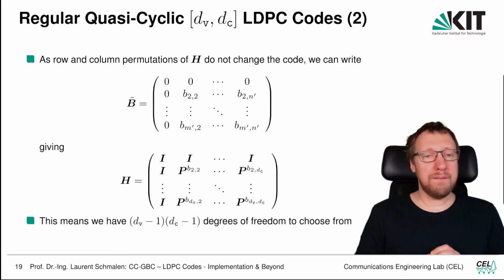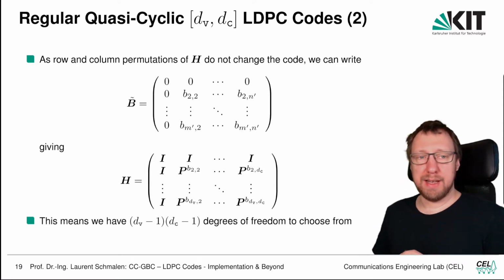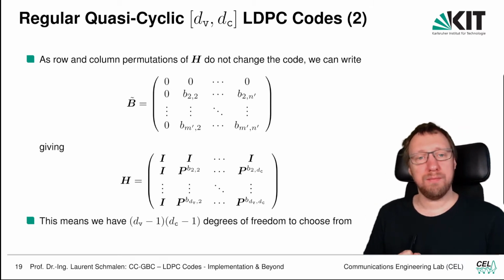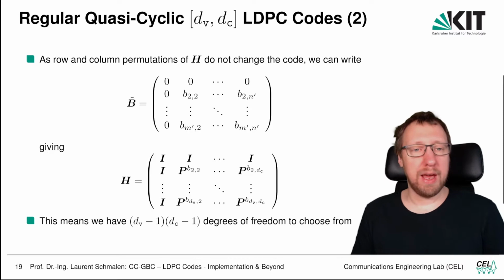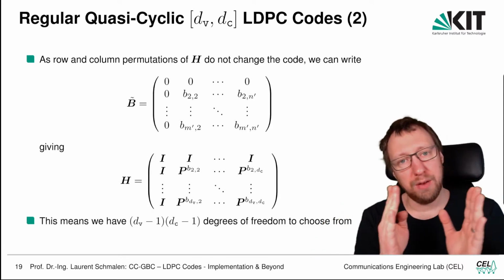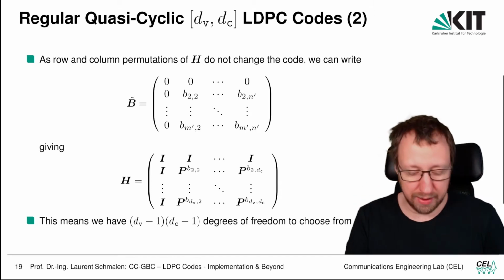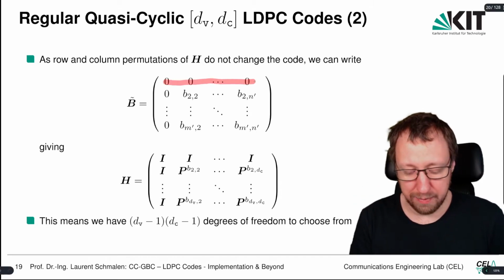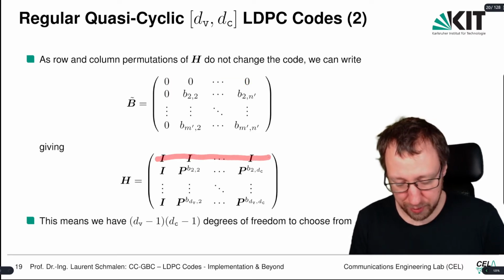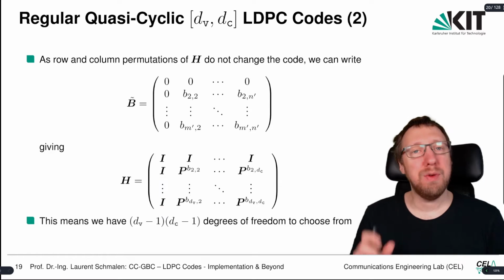Now what we can also see is that if we permute the rows and the columns of the code, that means we can change the positions, and we can cyclically shift the positions such that you have the identity matrices in the first row and in the first column. This will not change the code.